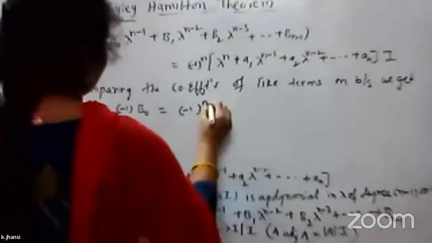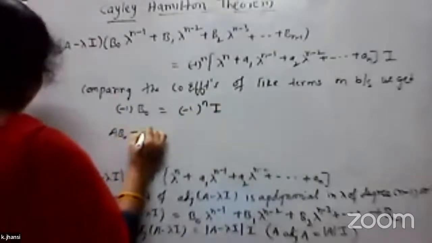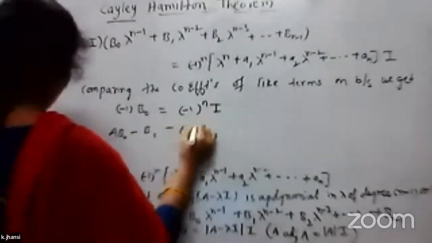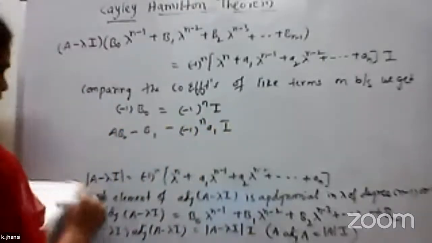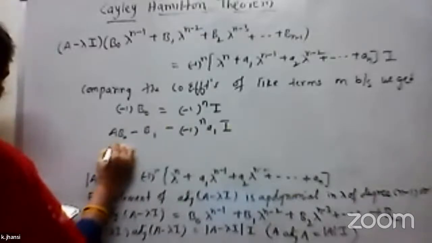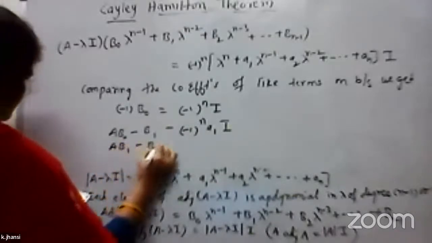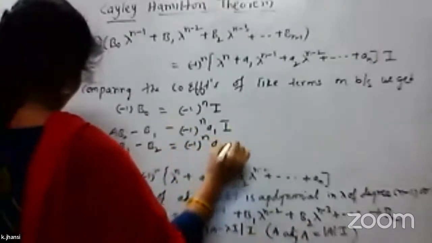And after that, A b naught minus b1 equals minus 1 to the power of n a1 I. Next, A b1 equals minus 1 to the power of n a2.